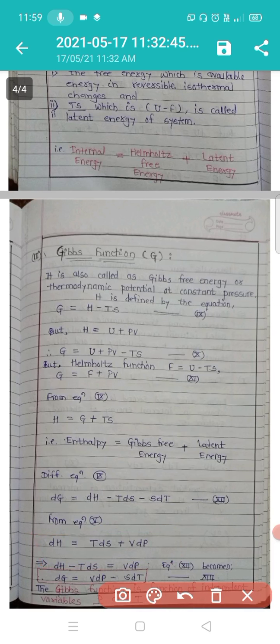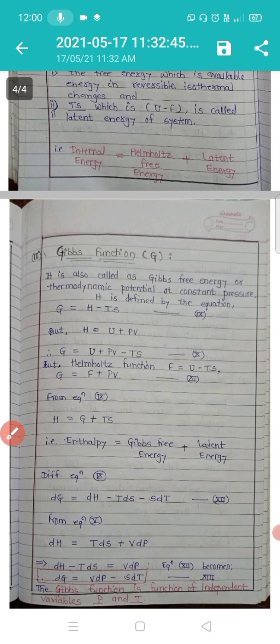Modifying the equation, we have dG = V dP - S dT. The Gibbs function is a function of the independent variables P and T. This is regarding the Gibbs free energy.